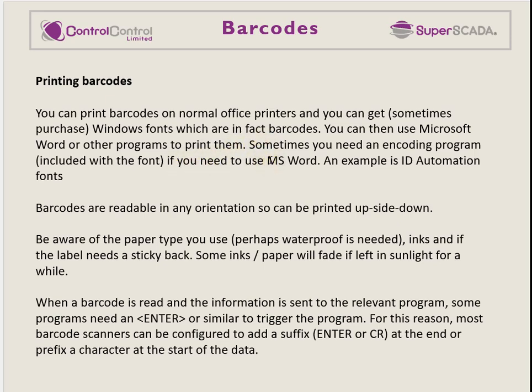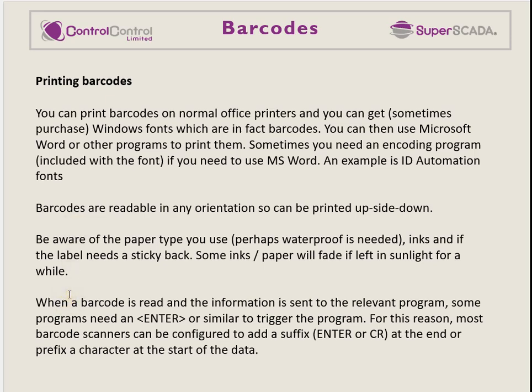So for example, for this barcode font called ID Automation, you'll need an encoding program to encode it so you can use it in Microsoft Word. But barcodes are readable in any orientation, so it doesn't matter if it's upside down. And you want to be careful about the paper type you use because of how long it will last and whether it's going to get wet and so on and so forth.